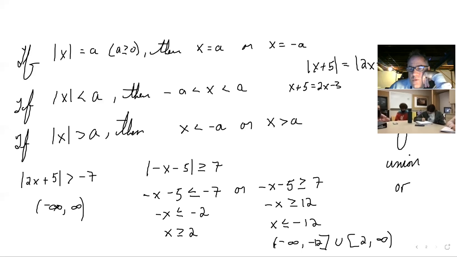And then the second equation will be what's inside here, but this time you say the opposite of what's inside there, so the opposite of 2x minus 3. Then you have 2 linear equations and you solve each, and whatever solutions you get out of those will be your solutions to the equation.